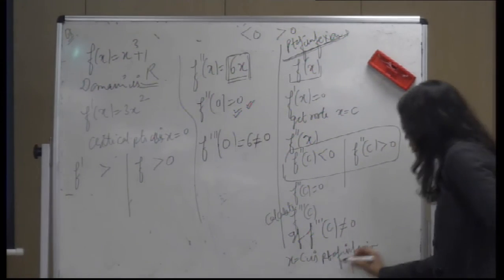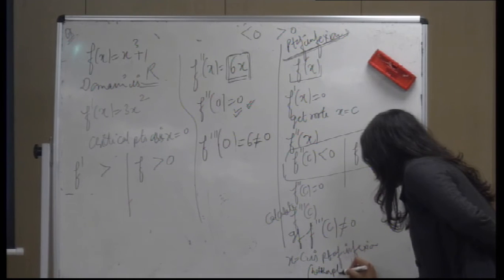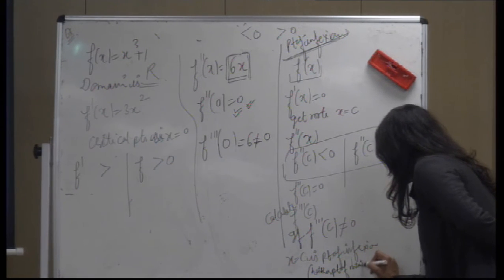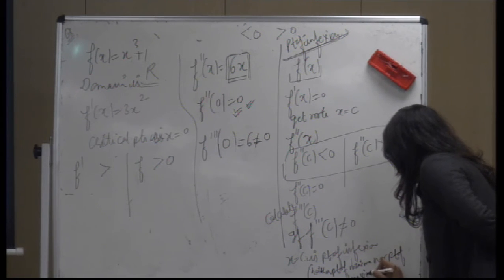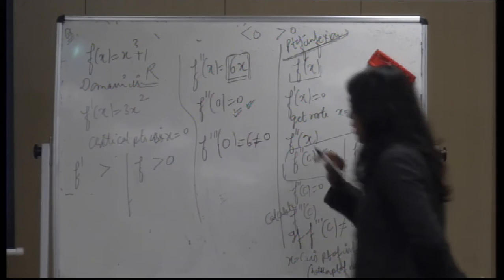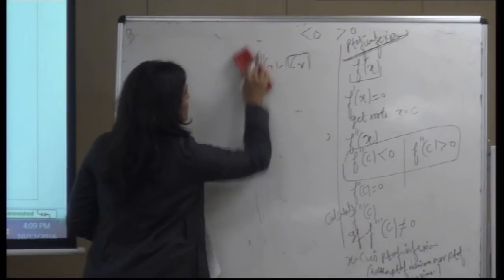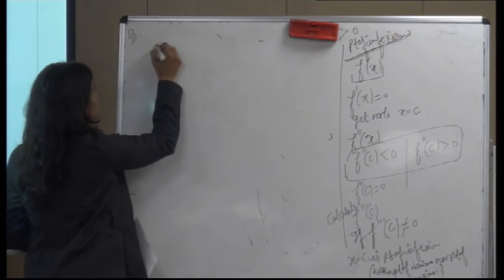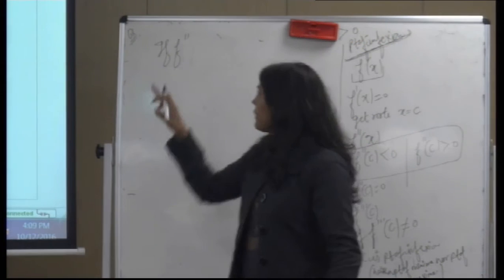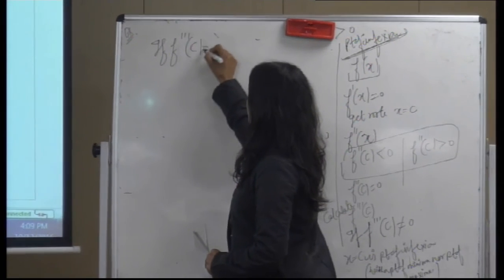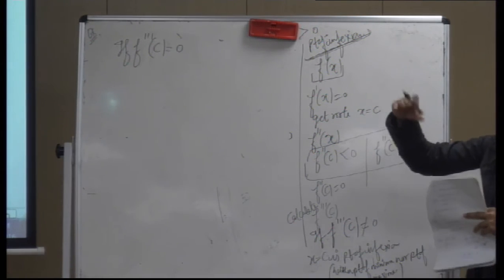You cannot say anything. So neither point of minima nor point of maxima. Now consider, if the situation is again 0, now I am repeating the process, I think it will help you.